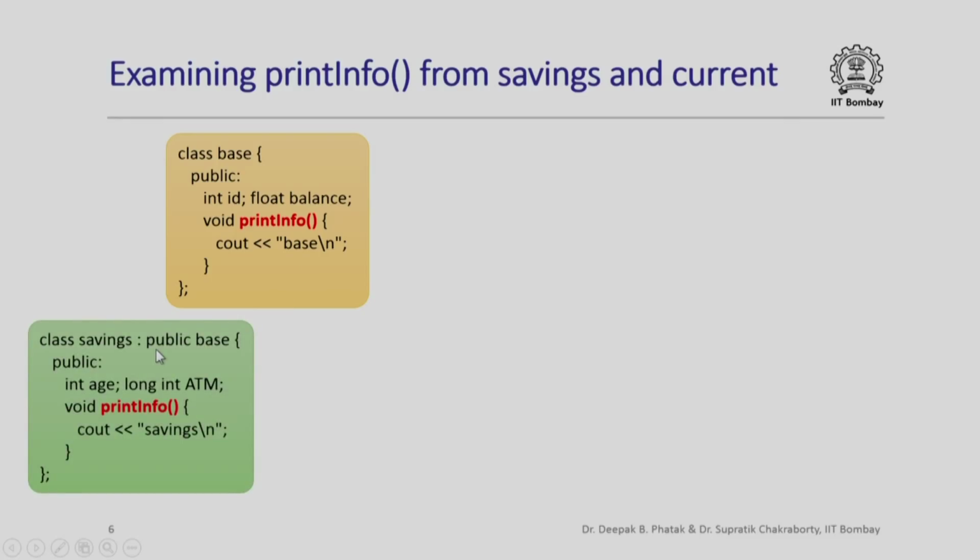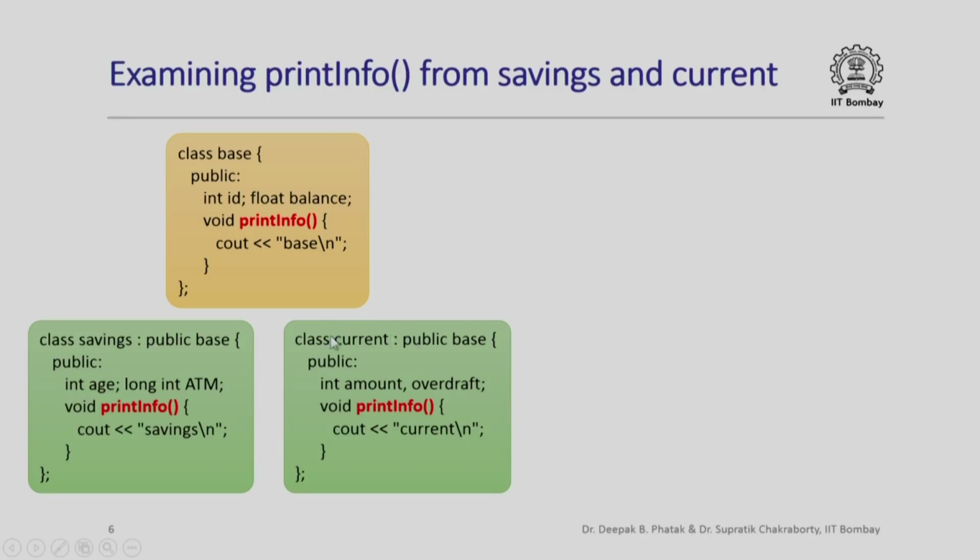Here is a derived class savings which has two additional data members called age and ATM, and this redefines printinfo such that it now prints out savings followed by the new line. And here is another class which is derived from the base class. This is the class current, which has its own additional data members, amount and overdraft, and it redefines printinfo in its own way, and this method prints out current followed by a new line.